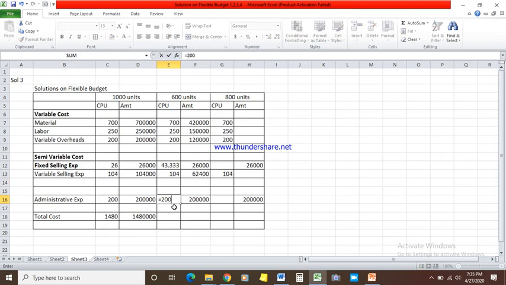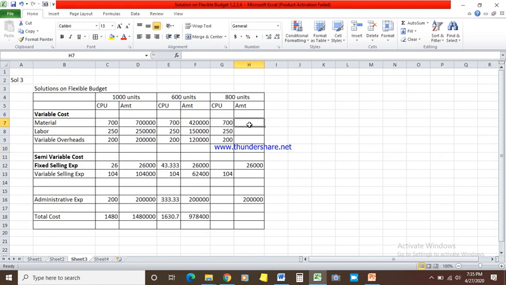Administrative expenses 2 lakh divided by 600. Now if you take the total of all this, we get 1630.7. Which means if you manufacture fewer units, the cost per unit is going to increase. Instead of 1480, you would be incurring 1630.